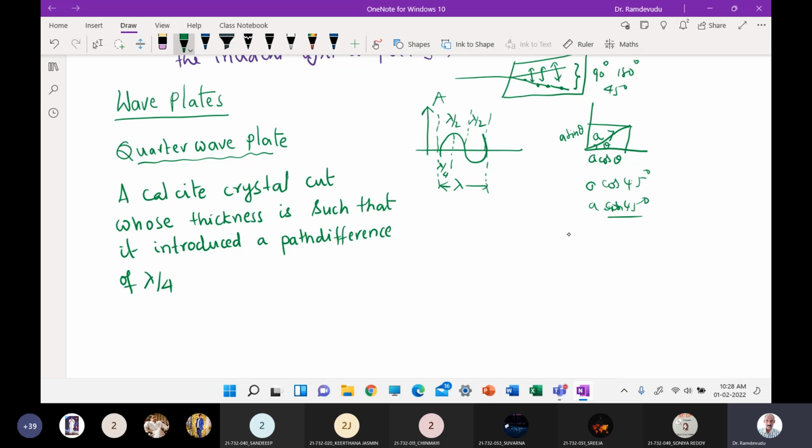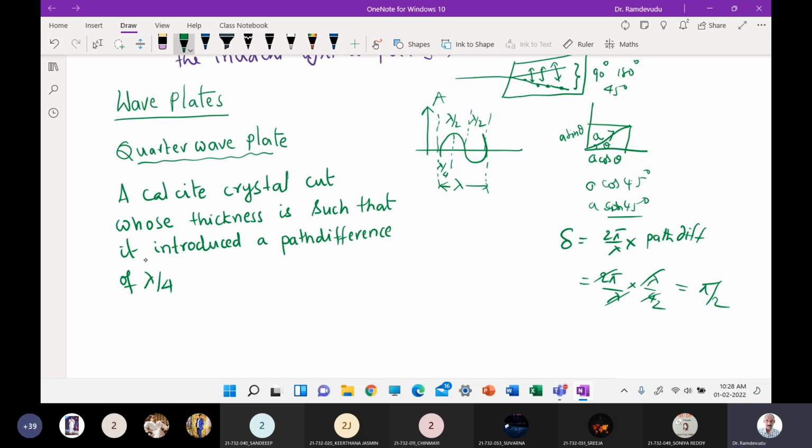The phase difference delta equals 2 pi by lambda into the path difference, which you know already from the interference chapter. With a path difference of lambda by 4, lambda cancels and 2 cancels 2 times, so I get pi by 2. That means a path difference of lambda by 4 is equal to a phase difference of pi by 2.